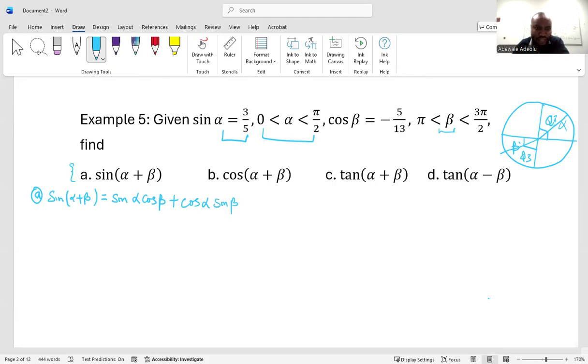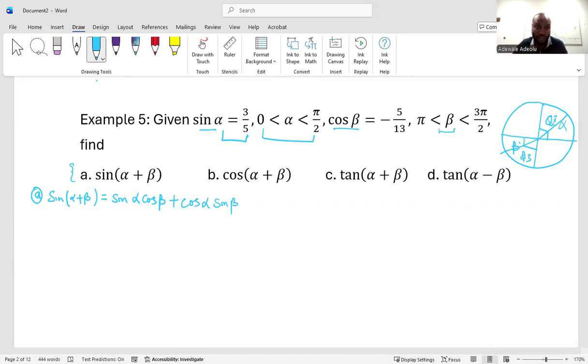So we do know that we have sine of alpha, we have cosine of beta, but we do not have cosine of alpha and sine of beta. So we need to use the information given to find these other trig values.